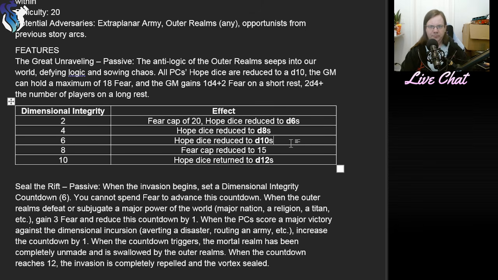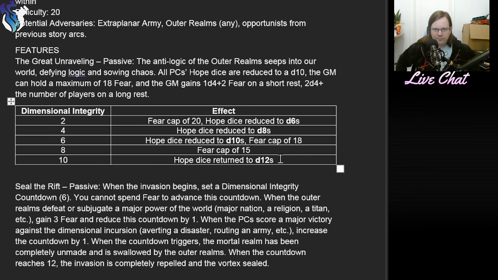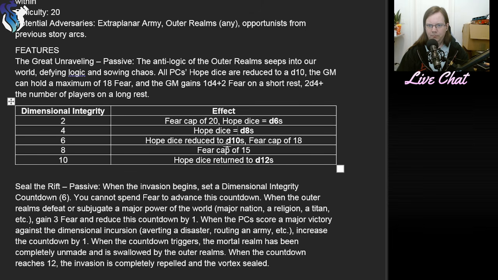So, right, fear cap increased to 18. Trying to, again, condense and make this the easiest to refer to at a glance as I can, right?